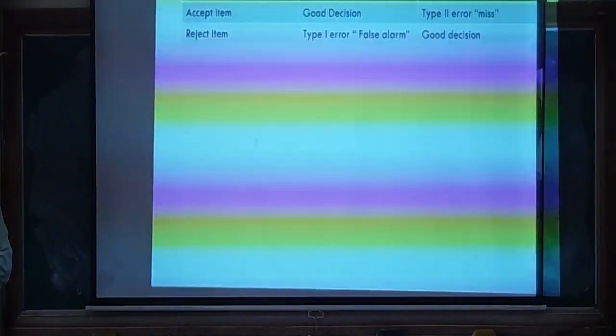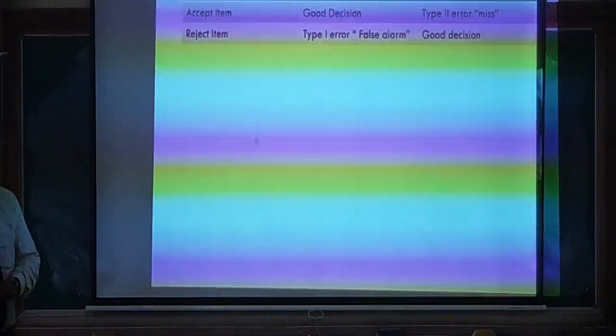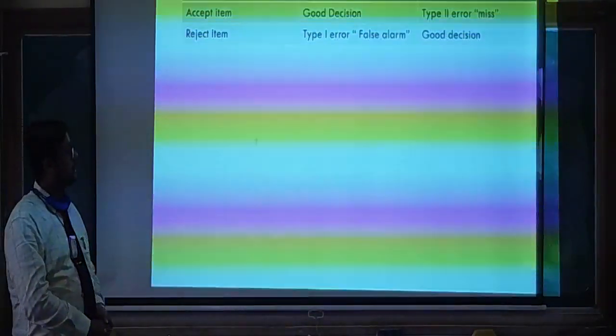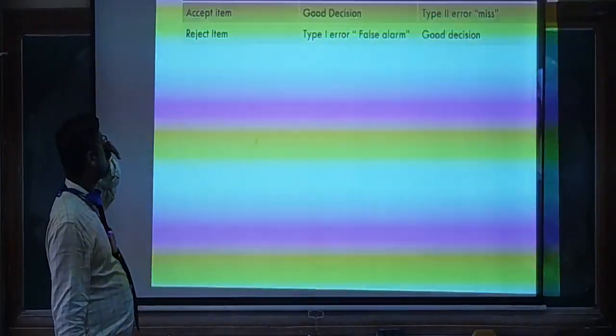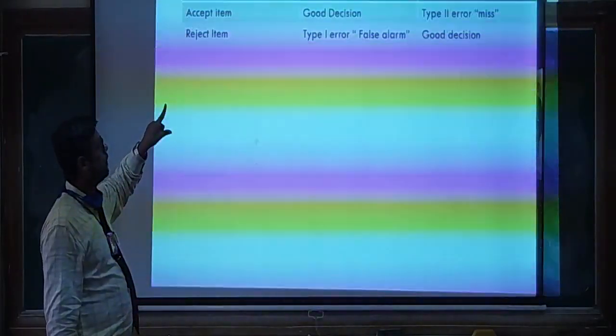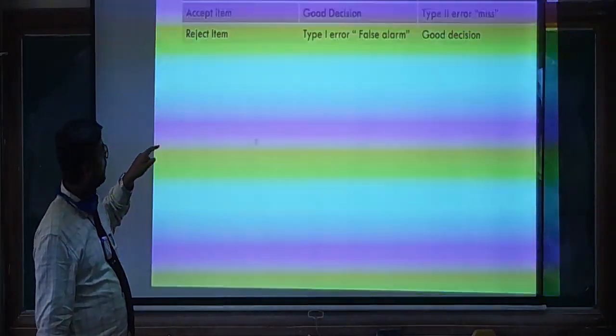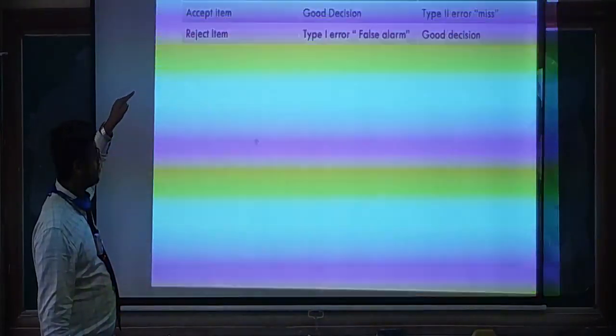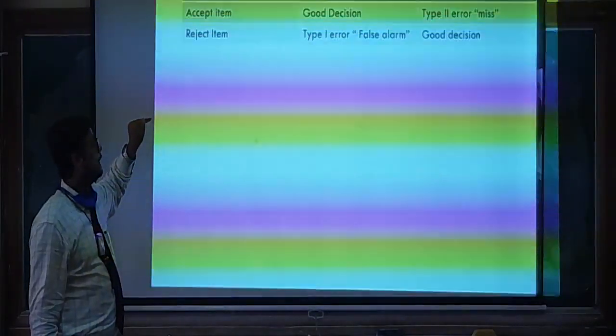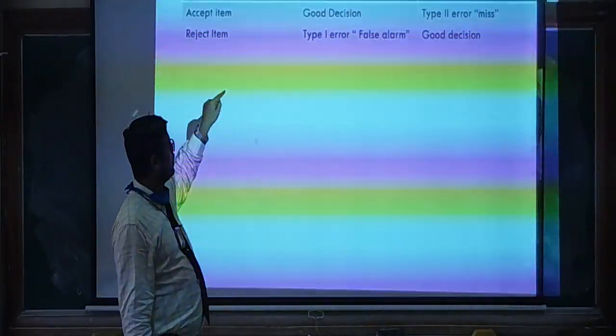So next, what are the type 1 and type 2 errors in the table? If you see the table here, for the type 1 and type 2 errors, the decision is to accept the item or reject the item, for a conforming item and a non-conforming item. In the conforming item, accepting is a good decision.